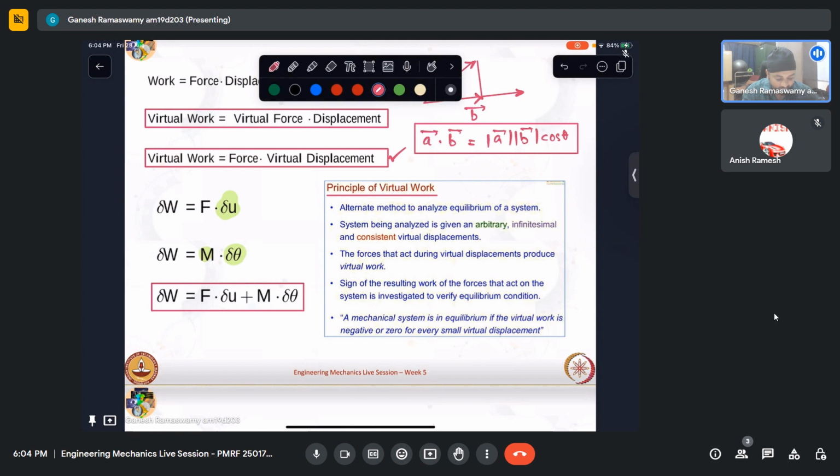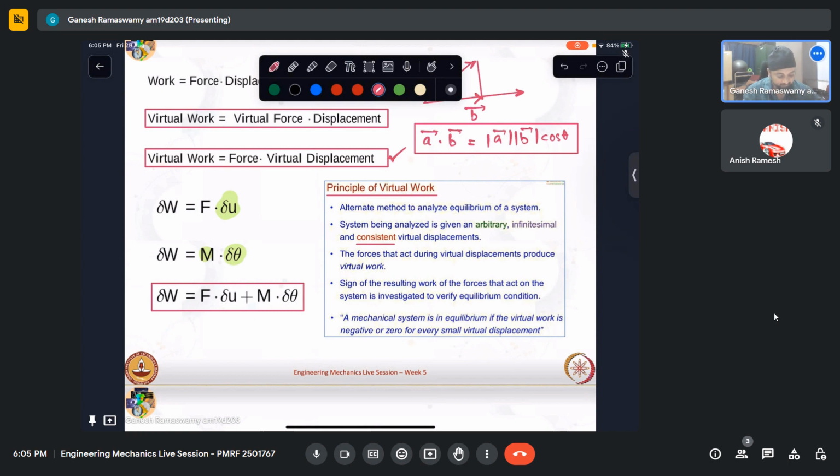We will discuss what consistent means. We should not violate the constraints of the system while giving a virtual displacement. Otherwise, the problem does not actually get captured into the principle of virtual displacement. We are essentially solving some other problem. So we should be consistent with the constraints given to the system. That is what consistent implies.